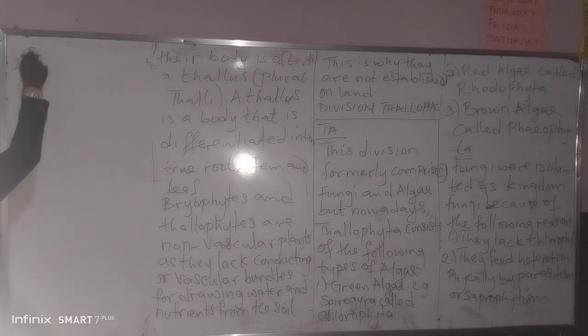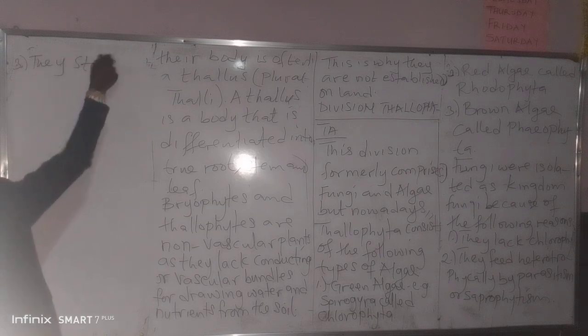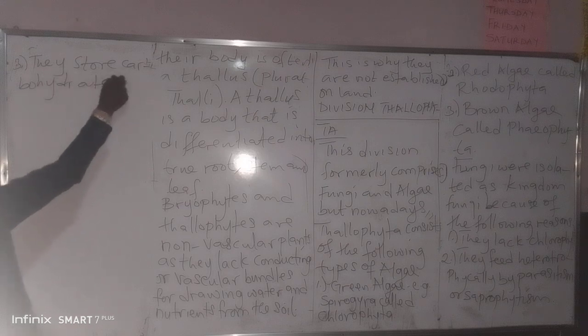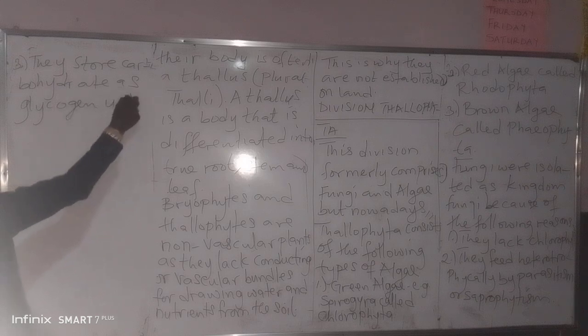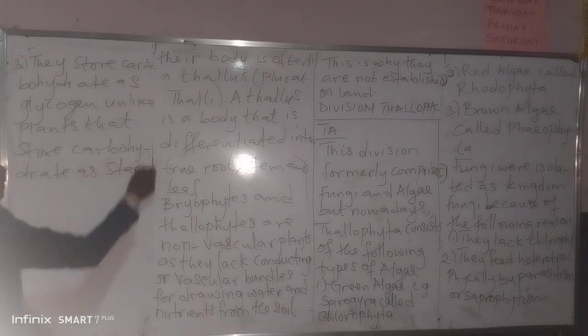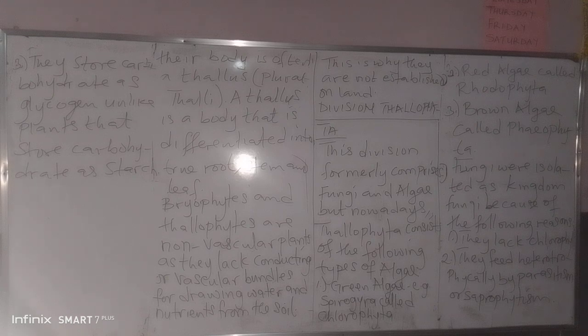The third reason is that they store carbohydrates as glycogen, unlike plants that store carbohydrates as starch. So these are the reasons fungi are no longer plants. They store carbohydrate as glycogen just like animals, but plants store carbohydrate as starch.